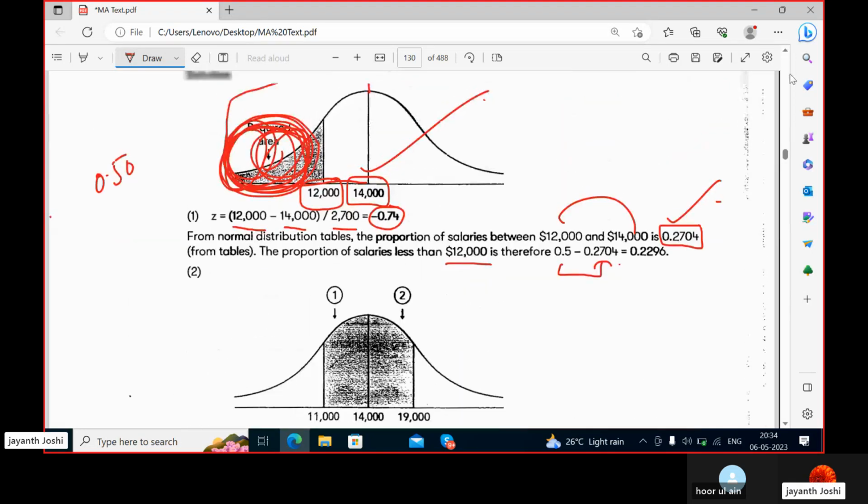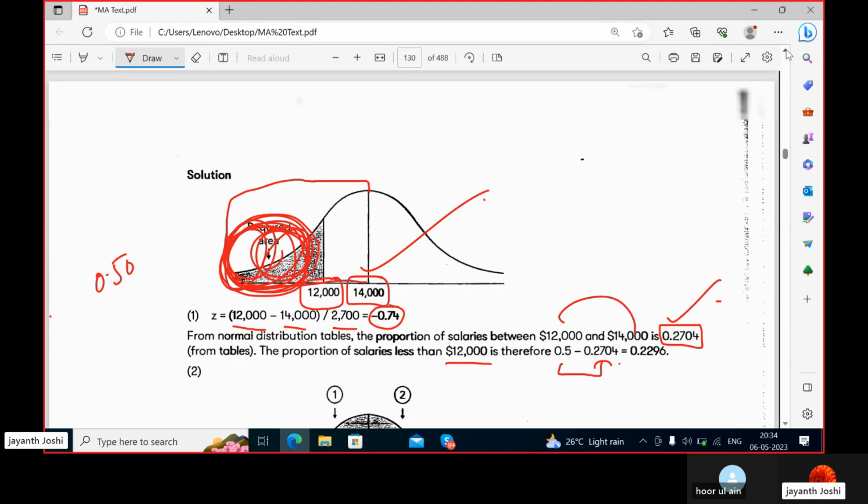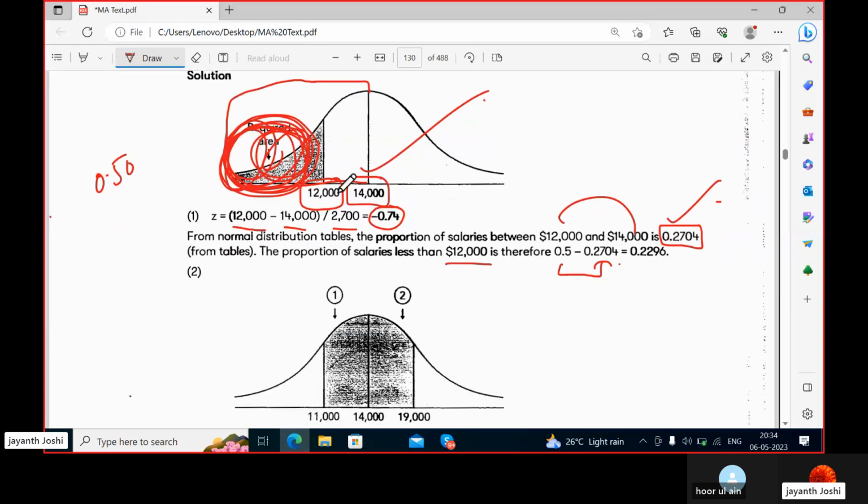This entire area is how much? 50%, right? From here to here. Correct. So from that 50% we will remove exactly the probability of 12,000, this area. That means from this total area, we will remove this area.